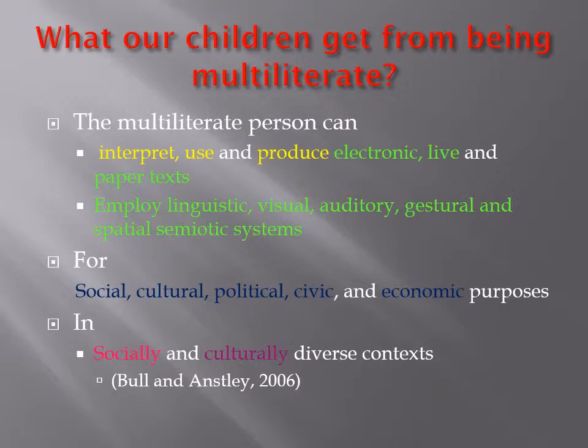That means that each student will be able to use these systems in an interactive way and pick and choose which ones are going to convey the best meaning for them. The children are going to be able to do this in social, cultural, political, civic, and economic purposes.